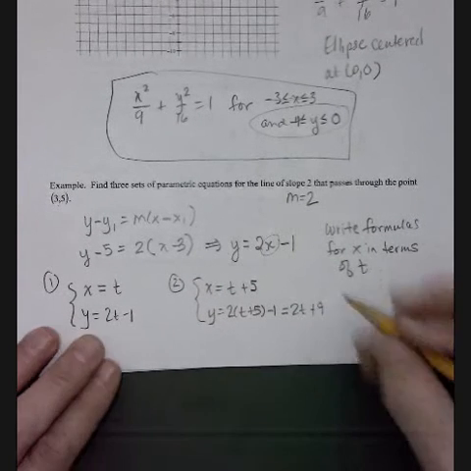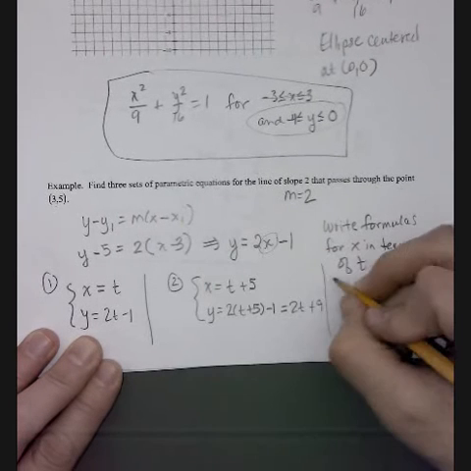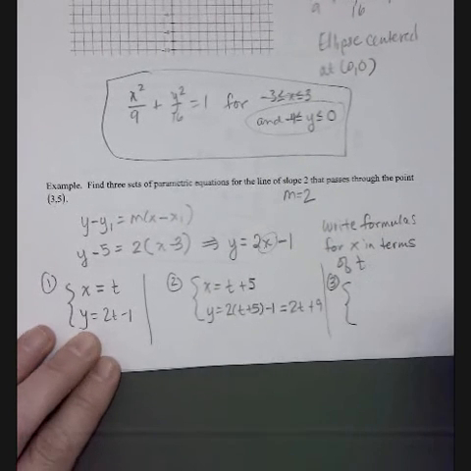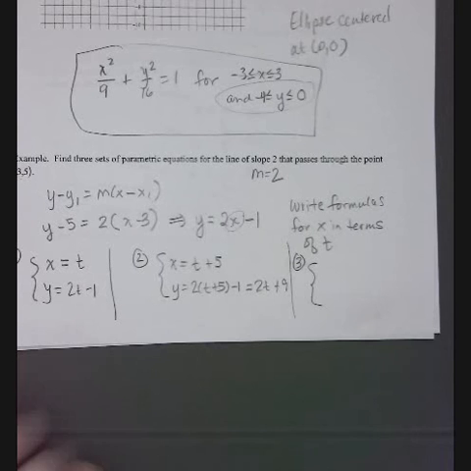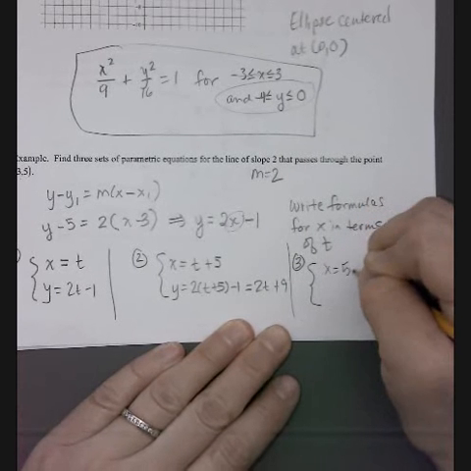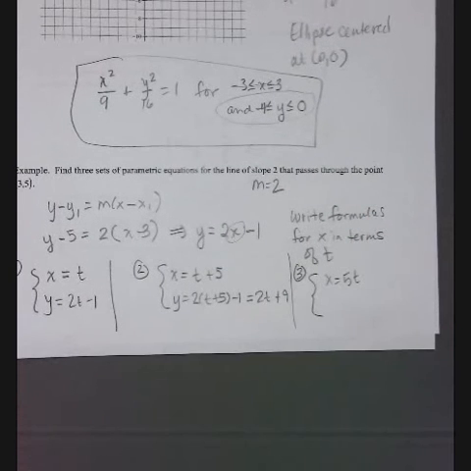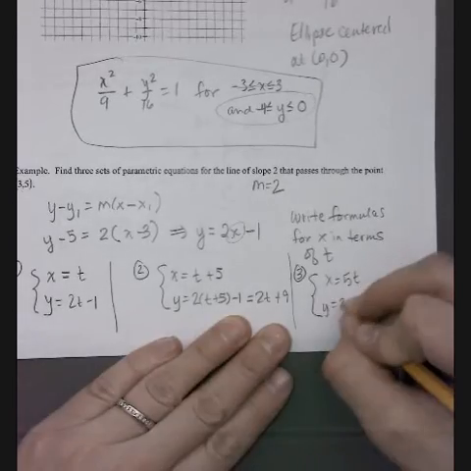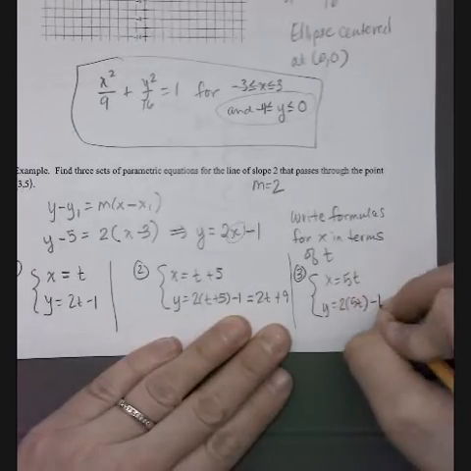So number 3, so another set. Maybe we let x equal 5t. It can be anything, again, just as long as it doesn't restrict x. And then y would be 2 times 5t minus 1, which is 10t minus 1.